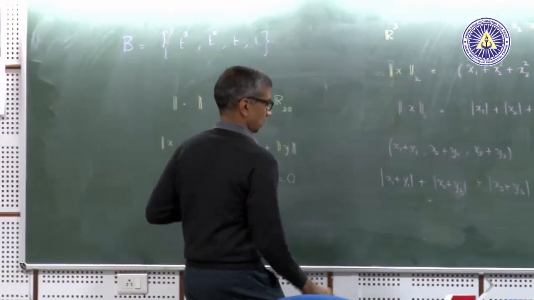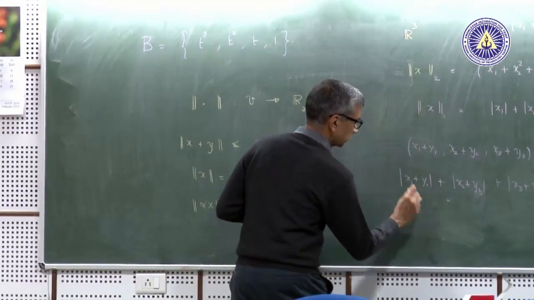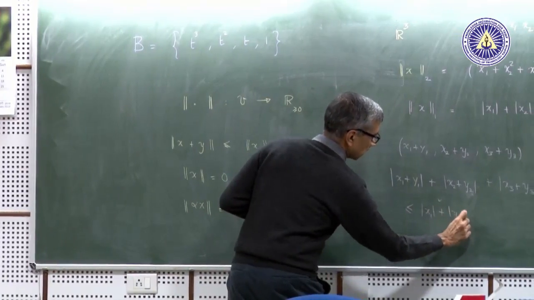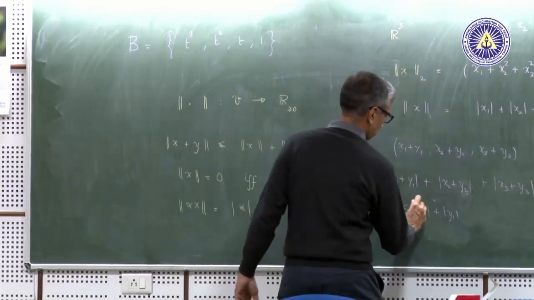right. Now, each of these will always be less than or equal to the individual sums, right, of absolute values.